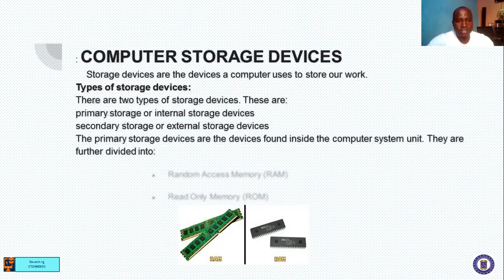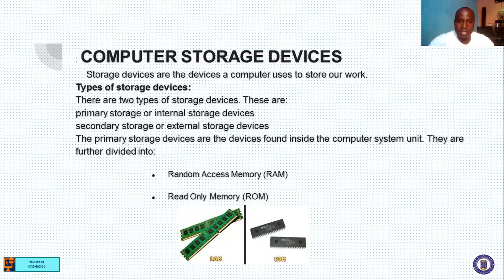Let's talk about the primary storage devices. The primary storage devices are the devices found mostly inside the computer system unit. They come with the computer from the manufacturers. They are further divided into random access memory, that is RAM, and read-only memory, that is ROM.